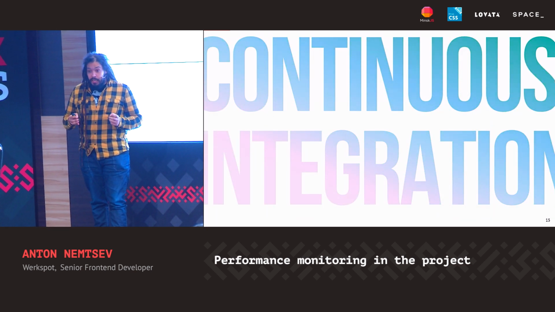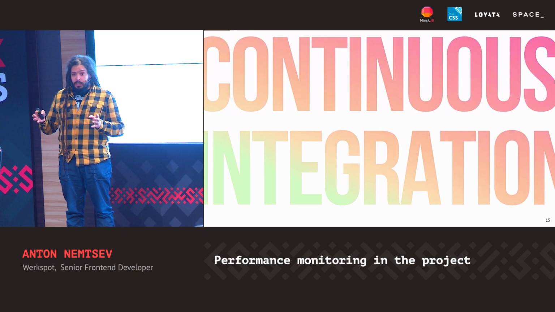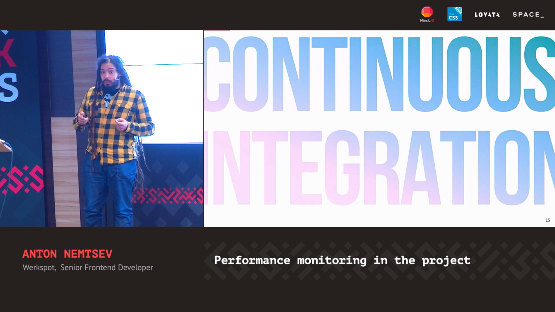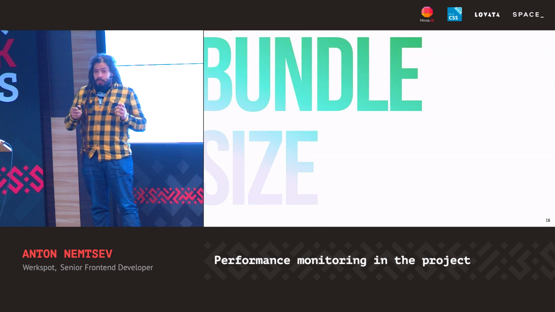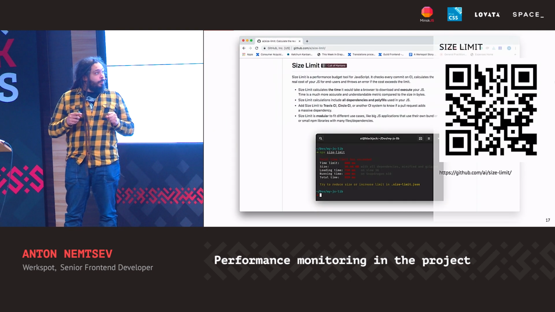Well, the synthetic one is essentially just running Lighthouse on your project, seeing the results, and that's it. But we want to automate stuff, so let's put it into a continuous integration system. And as an easy pick, let's start from bundle size. Size limit.